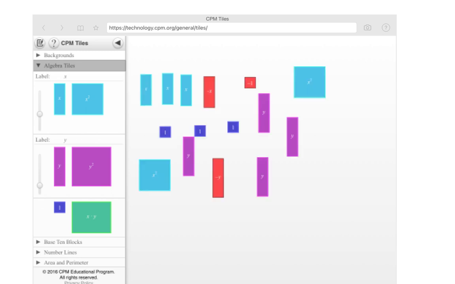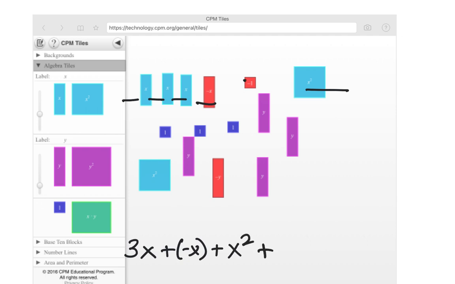If I asked you to name this collection of tiles, could you do it? Well, let's look at each one as we go. We've got x plus x plus x. That's 3x. Plus I've got a negative x. And then I have an x squared. And then I have a -1. And then I'm just kind of counting up as I go here.